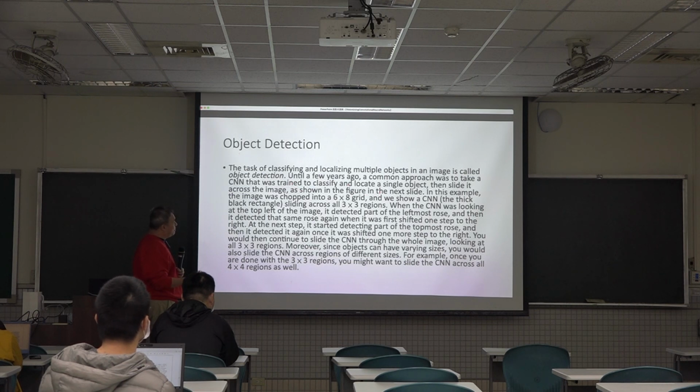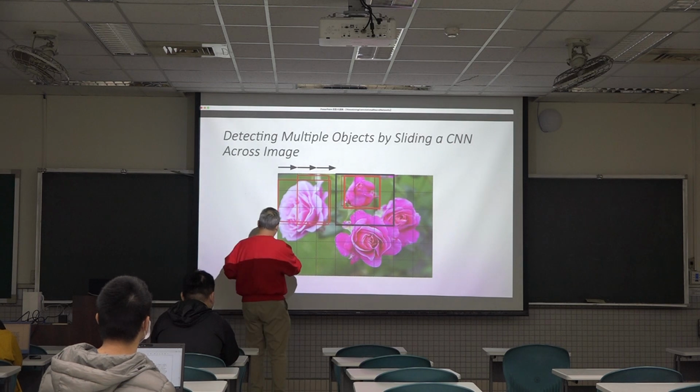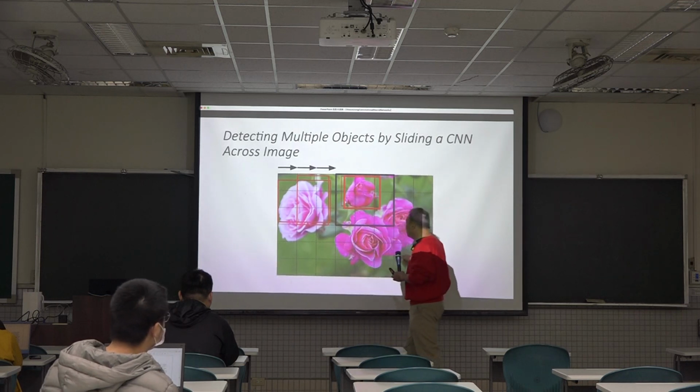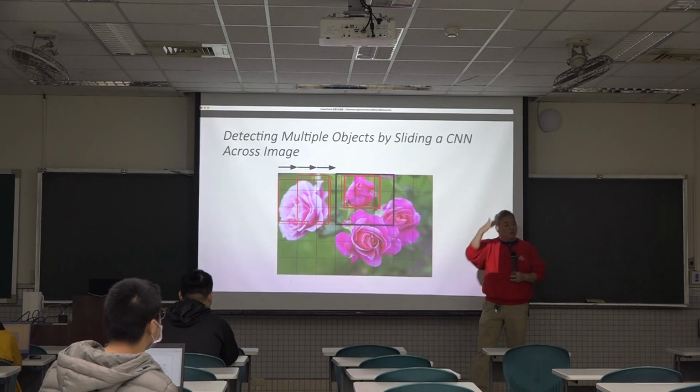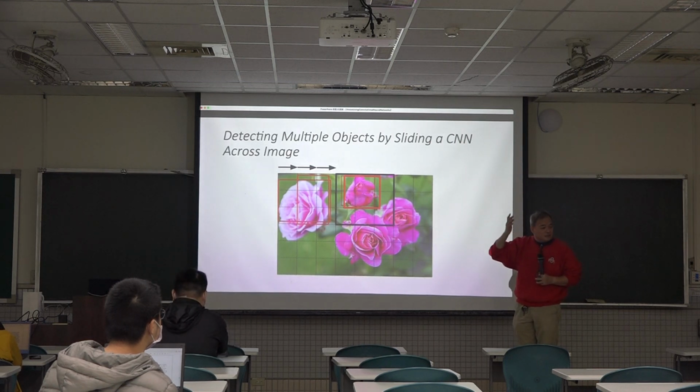For example, this image is chopped into 1, 2, 3, 4, 5, 6 by 1, 2, 3, 4, 5, 6, 7, 8, a 6 by 8 grid. This image is chopped into 6 by 8 grids.